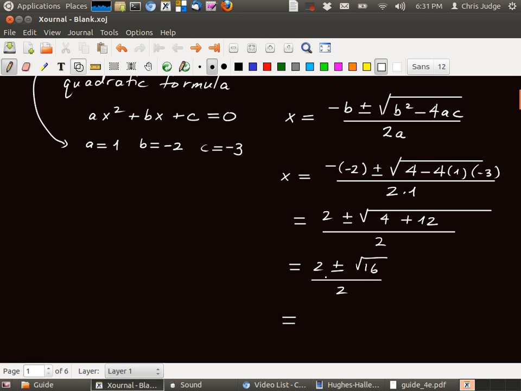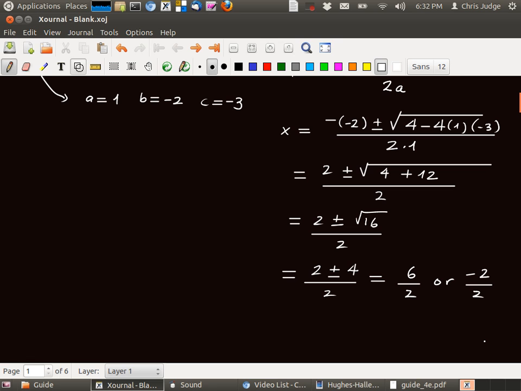The square root of 16 is 4, so we get either 2 plus 4, which is 6 divided by 2, or 2 minus 4, which is minus 2 divided by 2. Finally we get either 3 or minus 1.